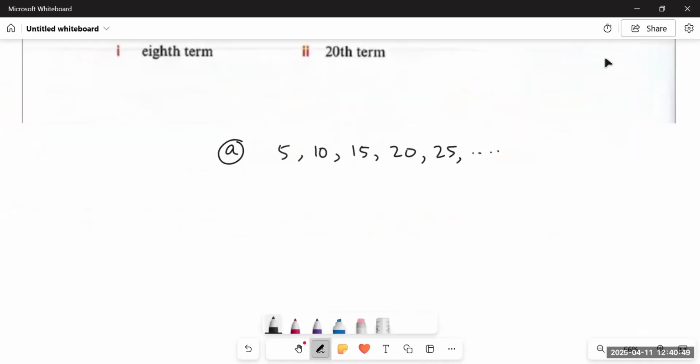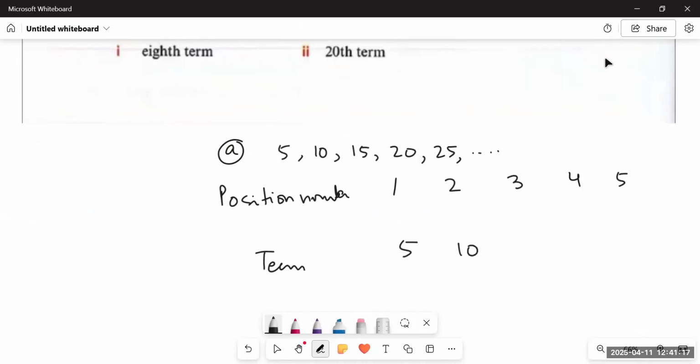We have to make a table, with position number and the term. The position numbers are 1, 2, 3, 4, 5. And the terms, at position 1 is 5, then 10, 15, 20, 25.